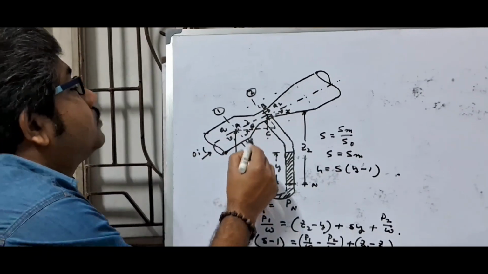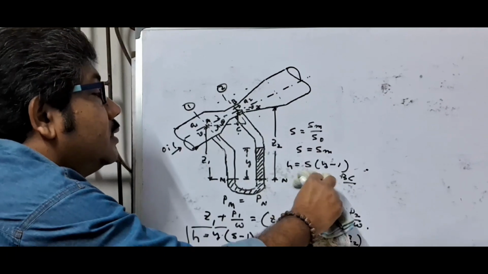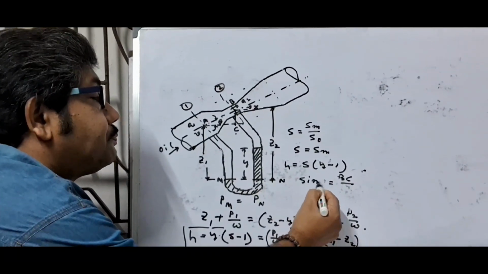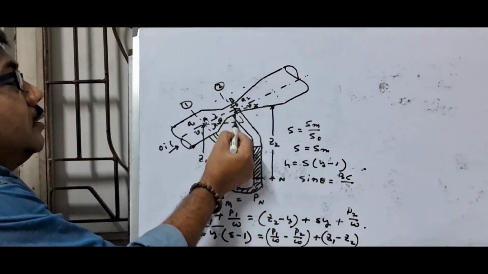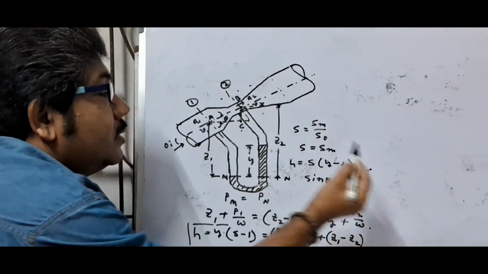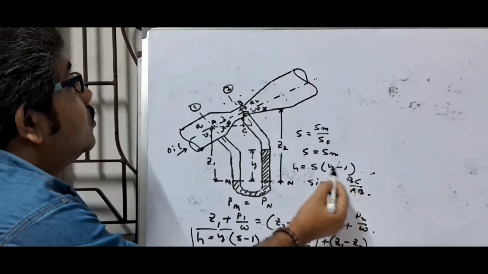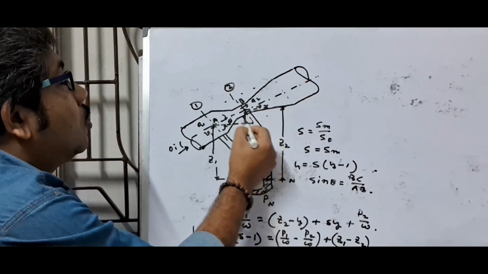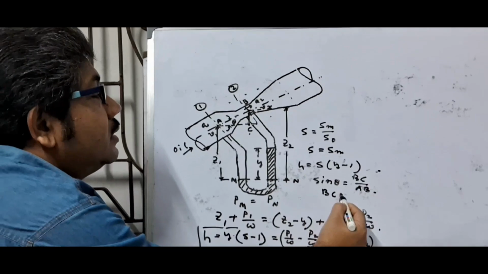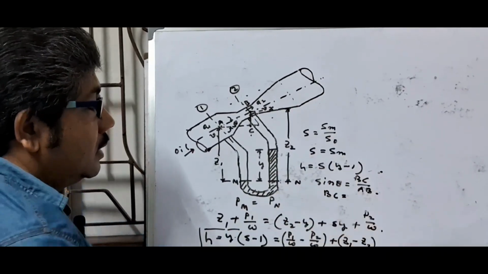Now if we consider sin theta, it will be normal by hypotenuse, not tan theta, this is sin theta. So BC equals AB sin theta.